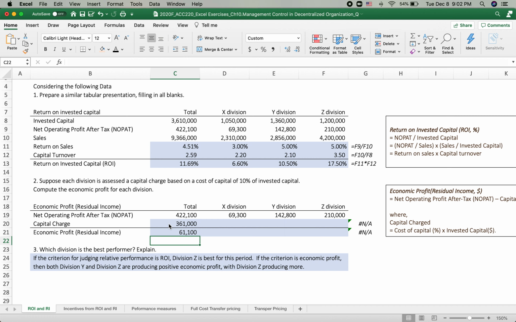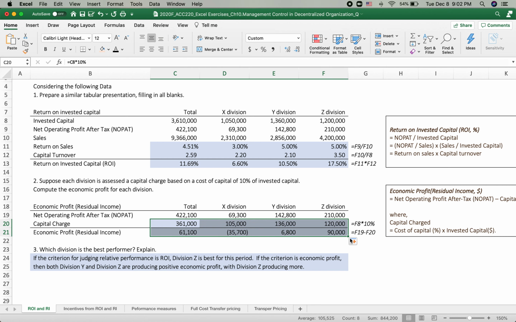So 61,100. Once we calculate this, let's drag to the right, and then we find the Y and Z divisions have created residual income, economic profit beyond the capital charge. So how do we analyze this performance?